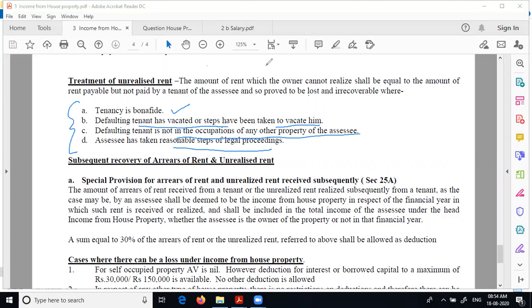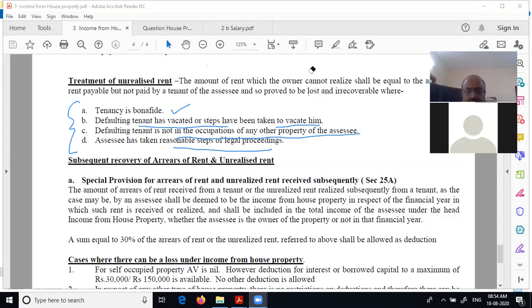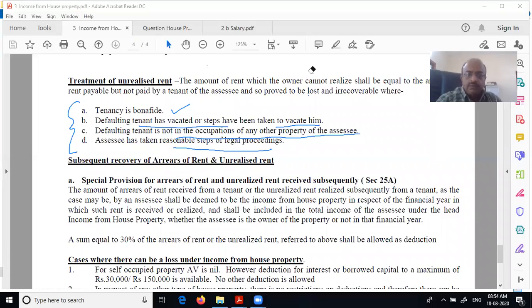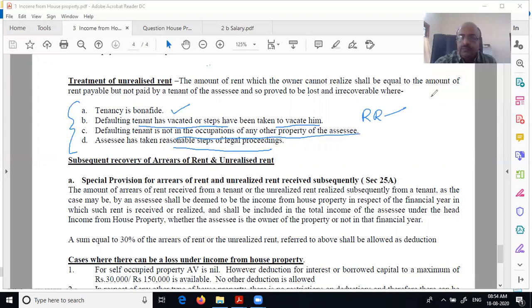If you remember, when you calculate gross annual value, how do you do it? You calculate like this. You compare to get reasonable rent. What are the things that you need to compare?